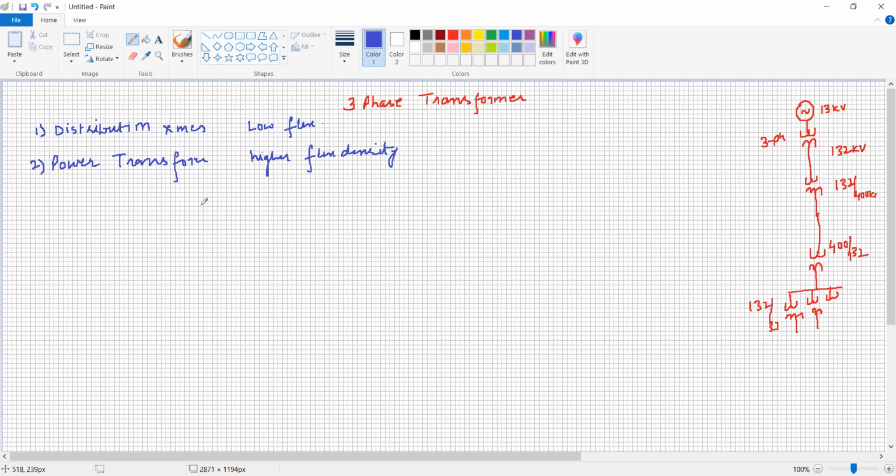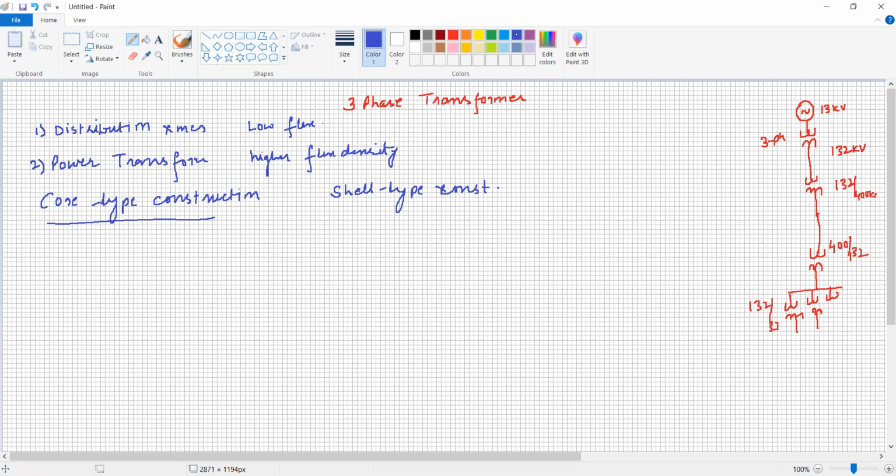Now in the earlier case, for the single phase transformer, we came to know that there are two types of construction. One is the core type construction, and second is the shell type construction. But in case of a three-phase transformer, it is only the core type construction.